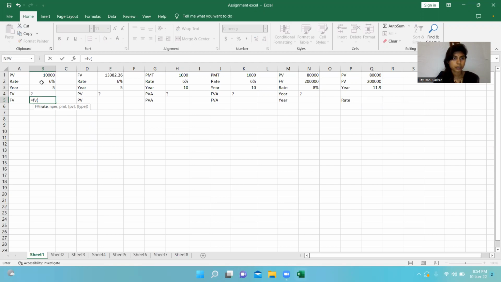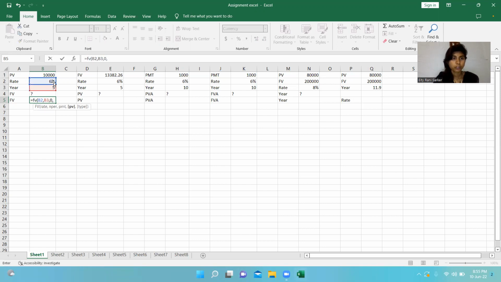So rate is 6%, select the rate, then NPER. Here NPER is 5, so select this. Then PMT is not here, so we write 0.